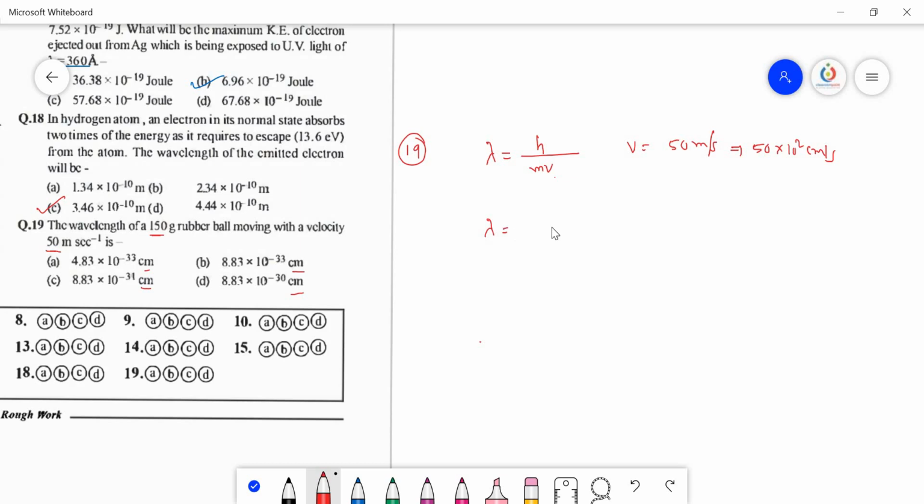So lambda equals h value, Planck's constant value 6.625 into 10 power minus 27 erg seconds divided by 150 grams into 50 into 10 power 2 centimeters per second, that is equals to 8.83 into 10 power minus 33 centimeters. So option B is correct.